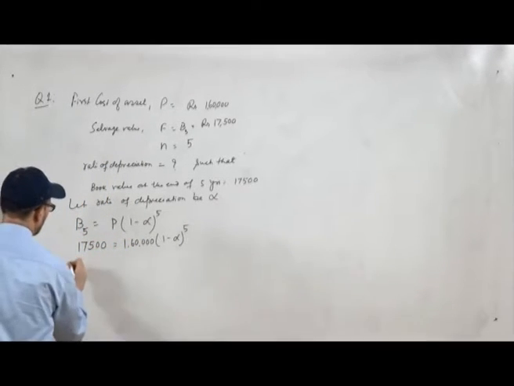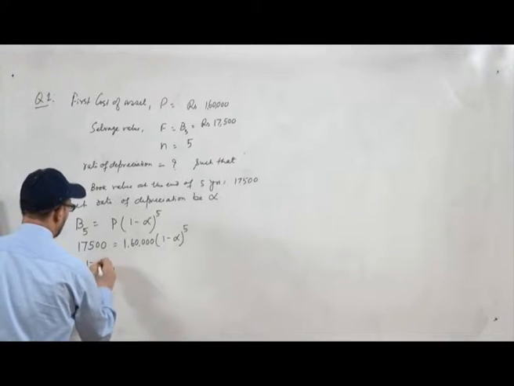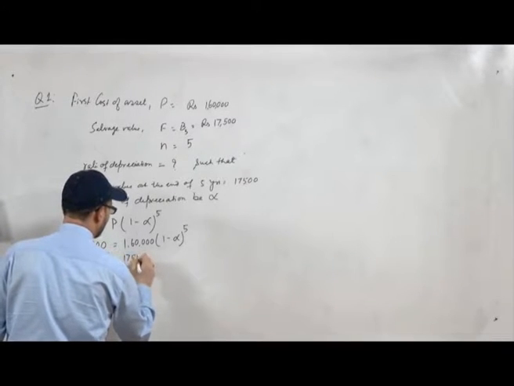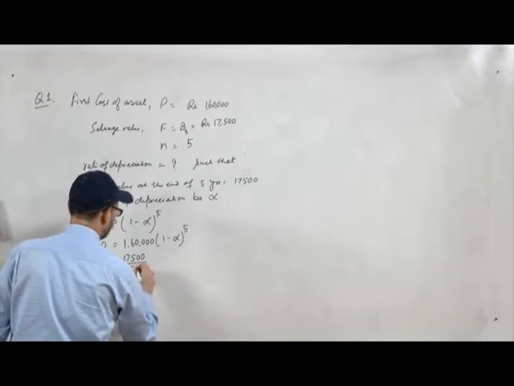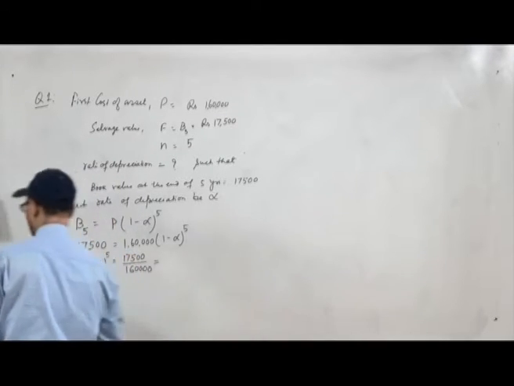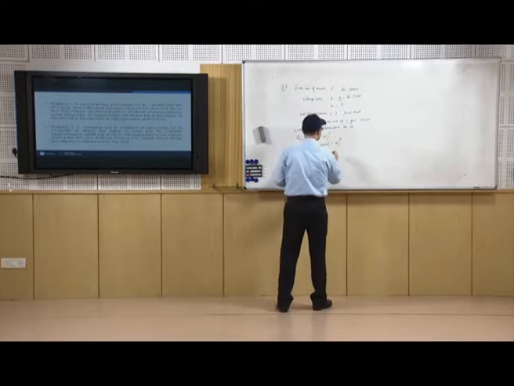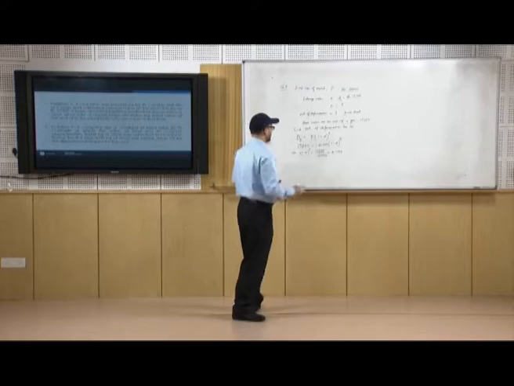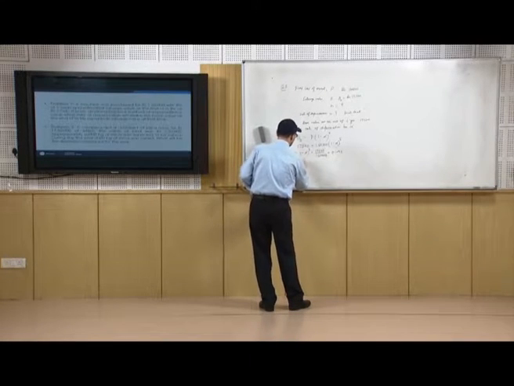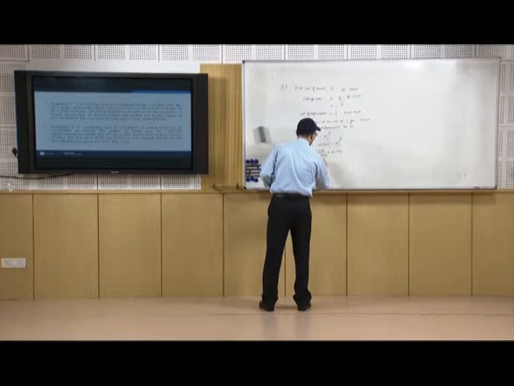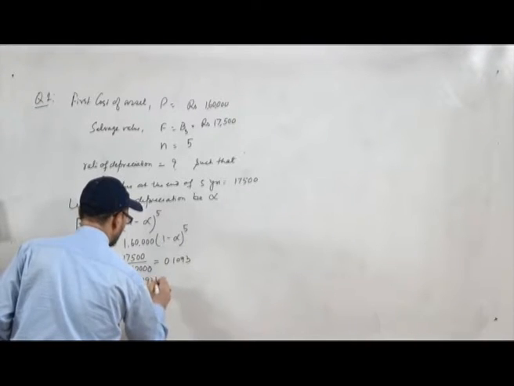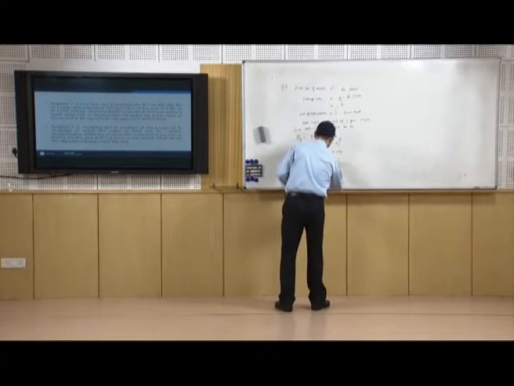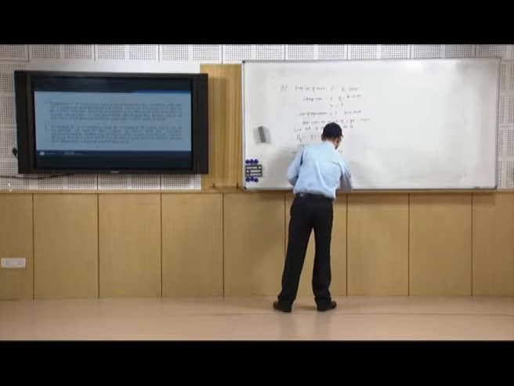So, (1 minus alpha) raised to the power 5 becomes equal to 17,500 divided by 1,60,000, that is equal to 0.1093. So, 1 minus alpha will be 0.1093 to the power 1 by 5, and this comes out to be 0.642.